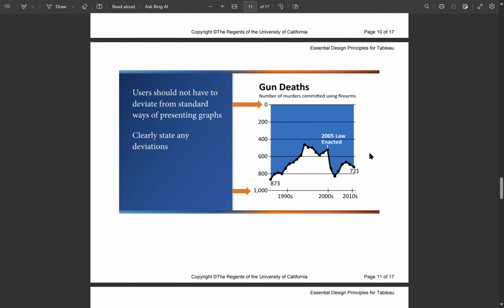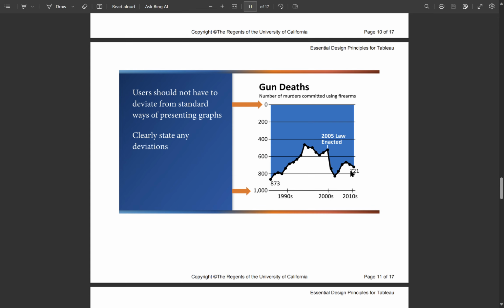When they're displaying this kind of unusual graph, they should clearly tell the users that the 1000 is at the bottom and 0 is at the top. They should notify users so that when they read this graph, they don't draw the incorrect conclusion. Therefore, users should clearly know that this is not a usual graph, and that these are deviations from the standard.